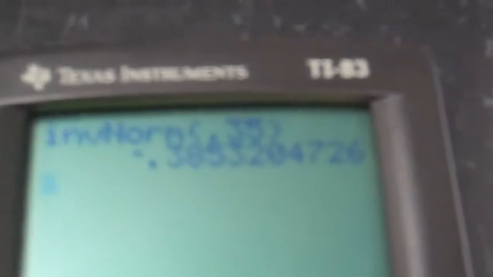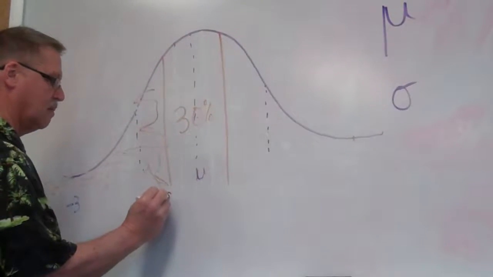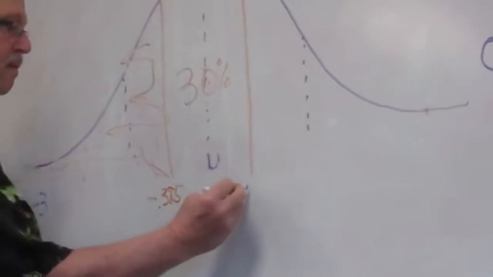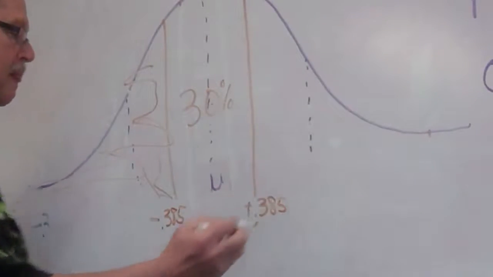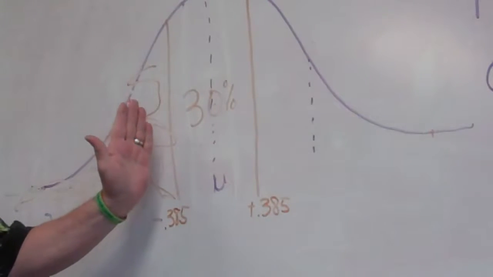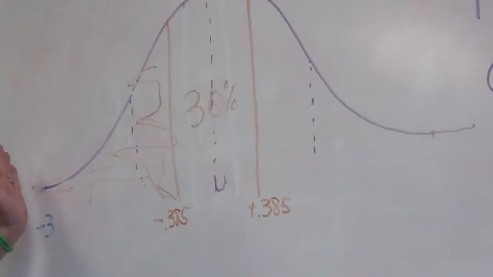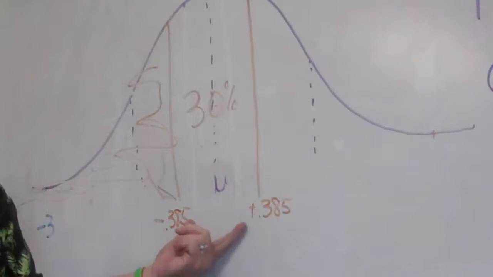My calculator says that's a negative 0.385. So since I put in a 0.35, I figured 35% is over here, 35% is over here, and the rest is in between here, and that would be the middle 30%.